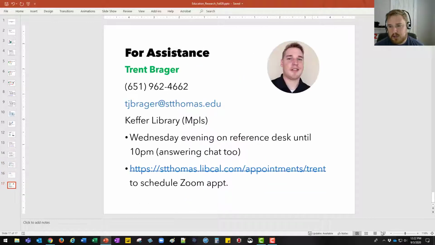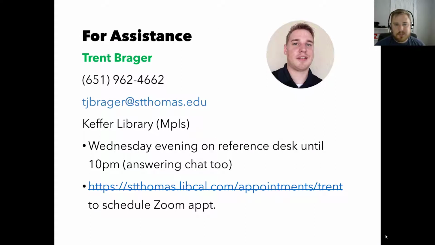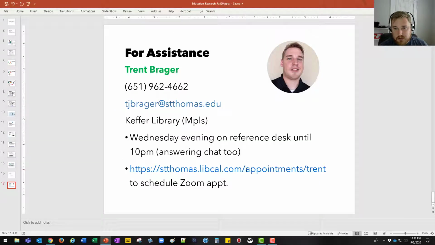If you are unable to get any relevant articles or you're struggling to find any good ones, I am definitely available here for one-on-one appointments. You can email me with specific questions, or if you follow that link at the bottom, that goes to my appointment calendar. And let me actually click that.